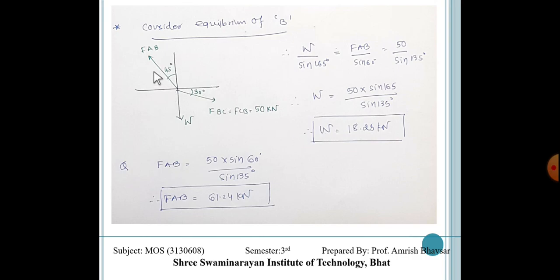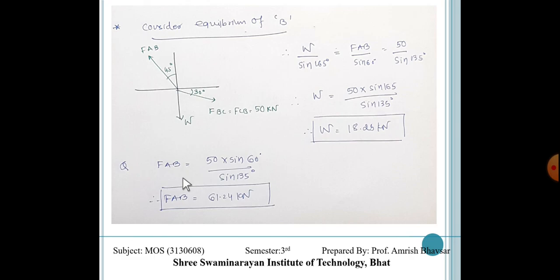Now here another two unknowns, FAB and W. So again from Lami's theorem, W upon sine 165 is equal to FAB upon sine 60 is equal to 50 upon sine 135. So from this, we can calculate the unknown weight W and force FAB.